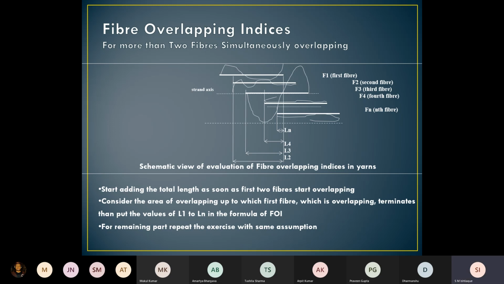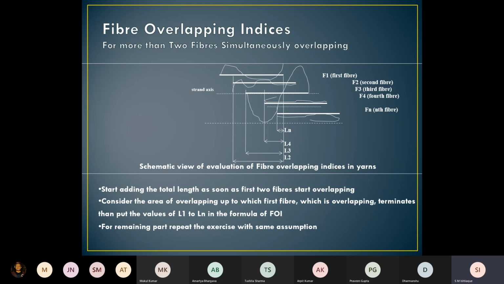I have n number of fibers, so I will talk about 2 indexes. One is where we measure only the adjacent 2 fibers, and the other is where we consider n number of fibers in the yarn. That approach we will talk about.